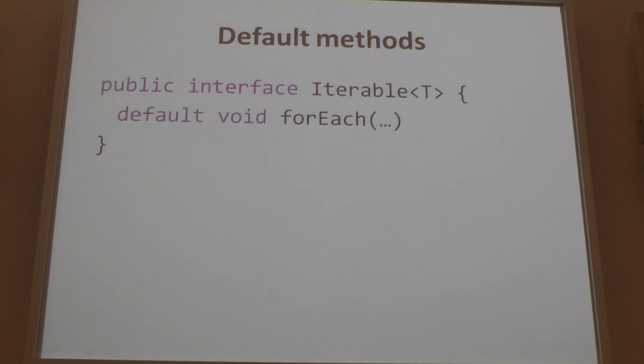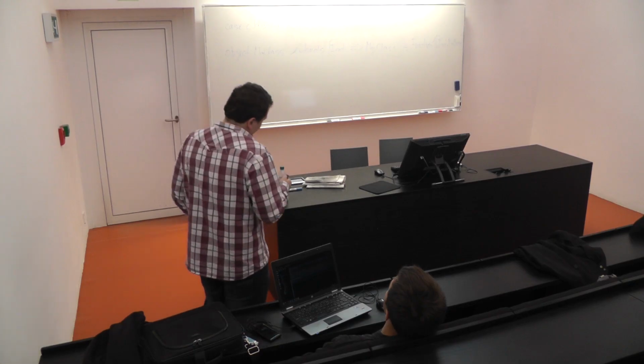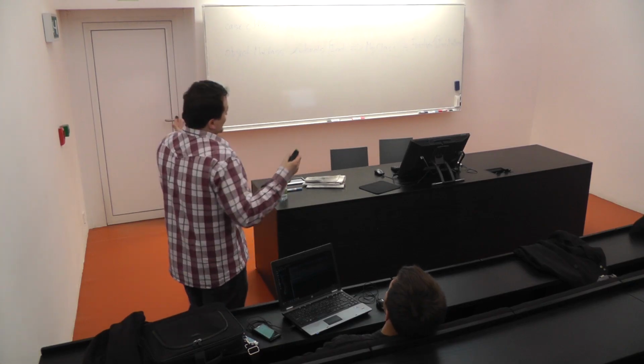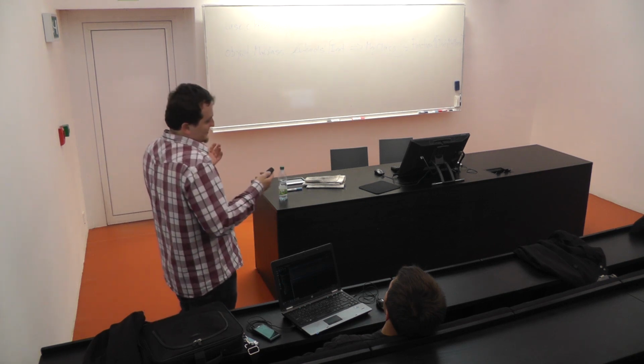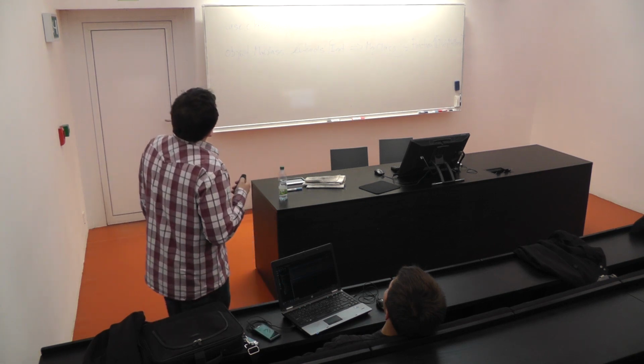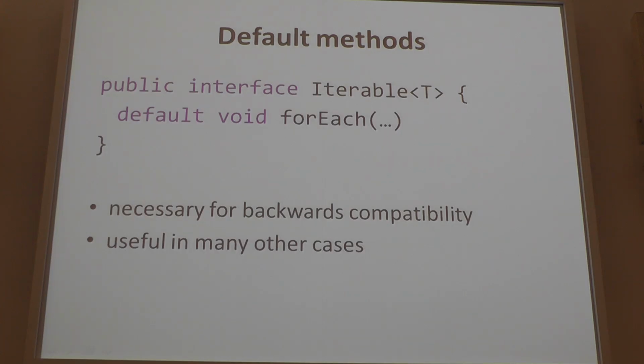And as you can see here, there is a new keyword in Java 8, default, and what you don't see here is that the method in the Iterable interface has an implementation. So basically, default methods are methods that are implemented in interfaces. And as I said, basically the only reason they are in Java 8 is for backwards compatibility.